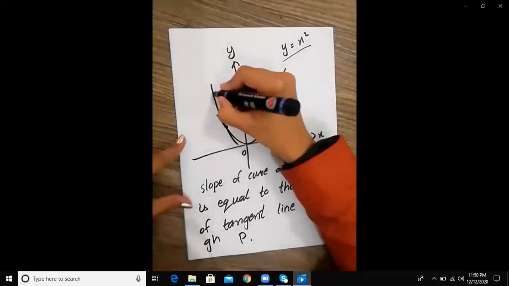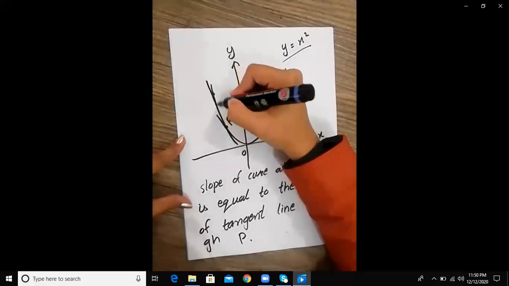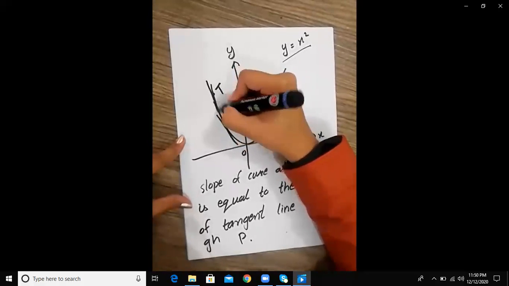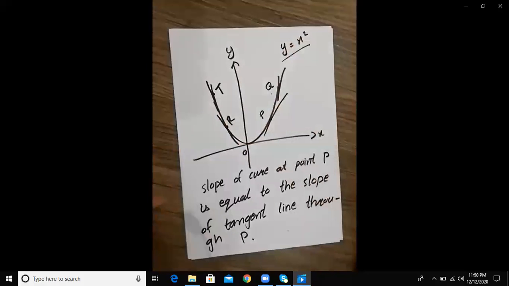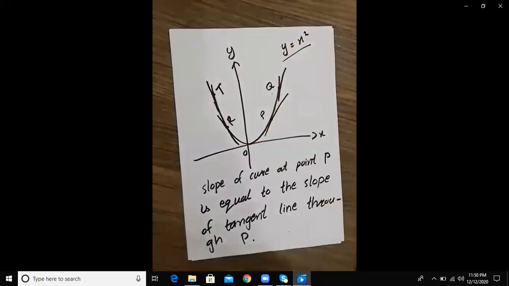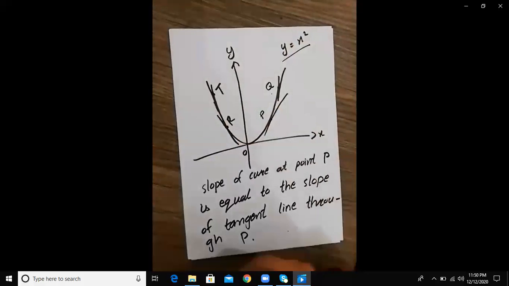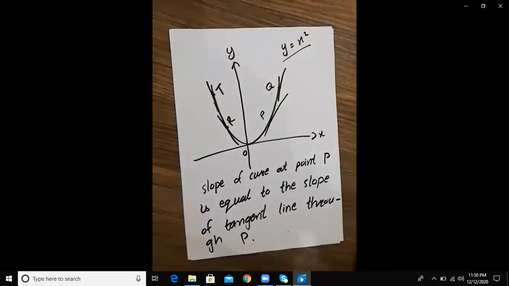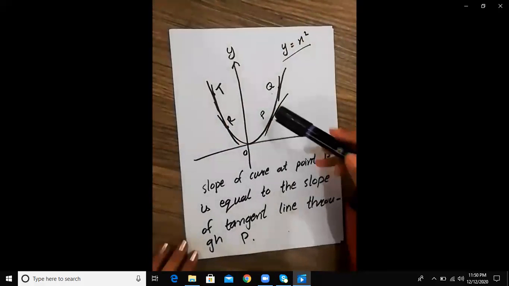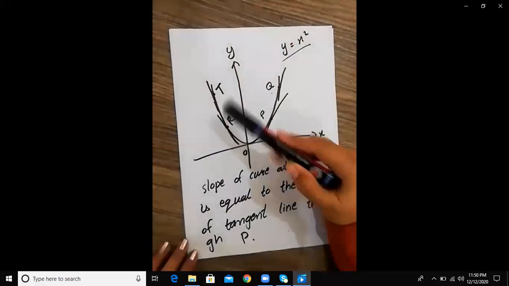Similarly, at point R, and this is the point T, we can find the slope of the curve at these particular points Q, P, R, and T, but we cannot find the slope of the whole curve. So how can we figure out what is the slope of the curve?